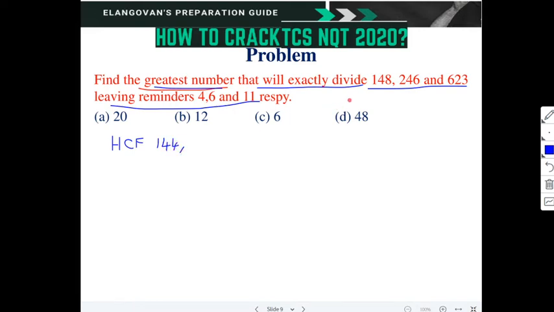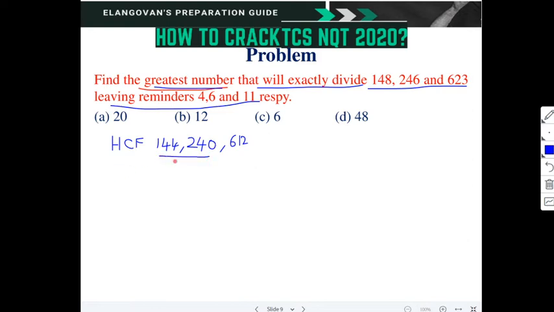148 leaving remainder 4, so it is 144. Likewise 240 and 612. So these three numbers we have to take, and find the HCF.